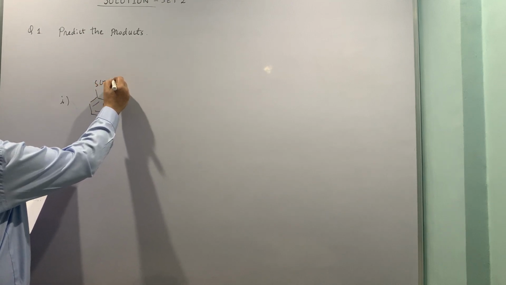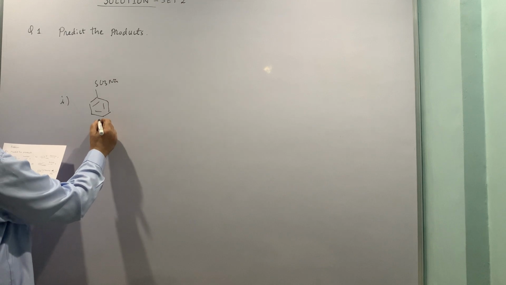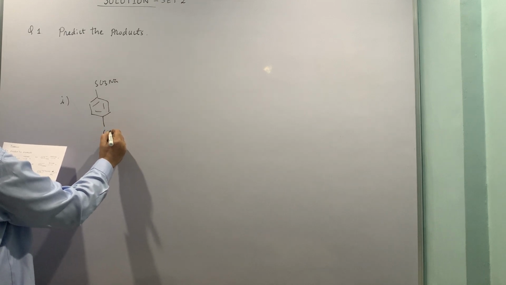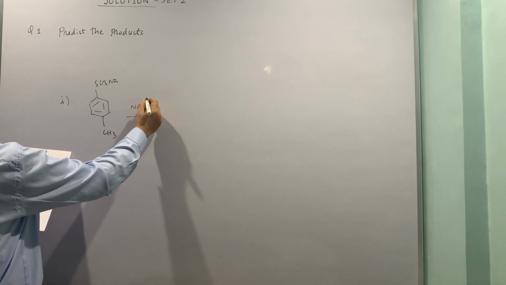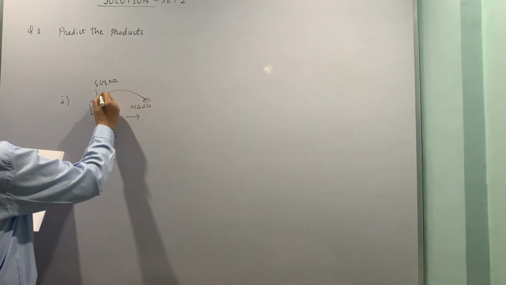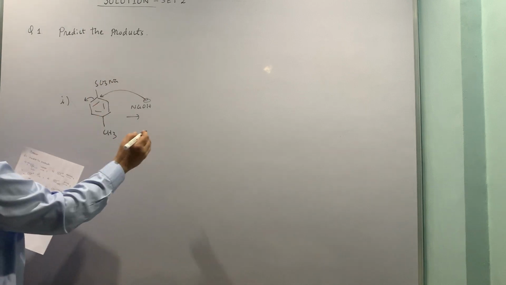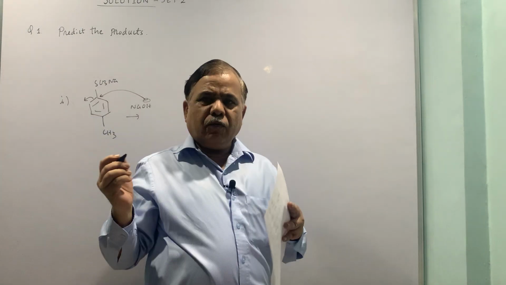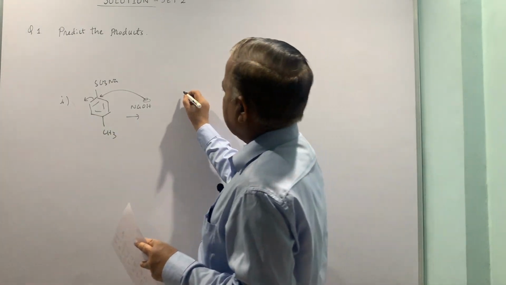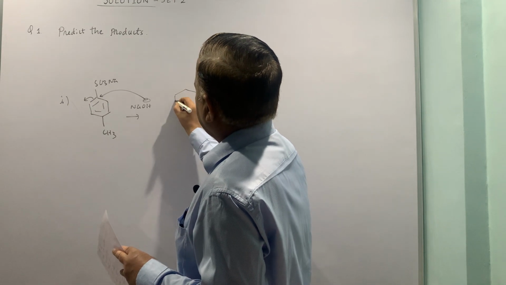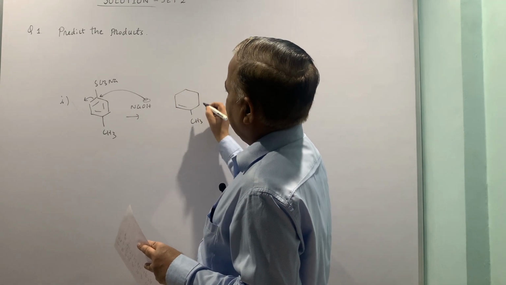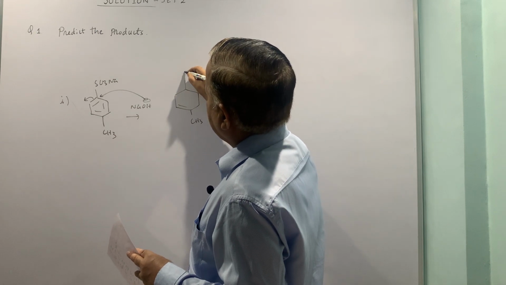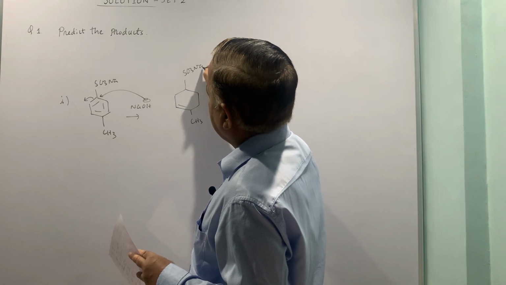Then SO3Na, this is sodium salt of sulfonic acid, treated with NaOH. Now NaOH, this is the nucleophile, that is the leaving group, and what we have here is the Meisenheimer intermediate, wherein you will find that SO3Na is there.